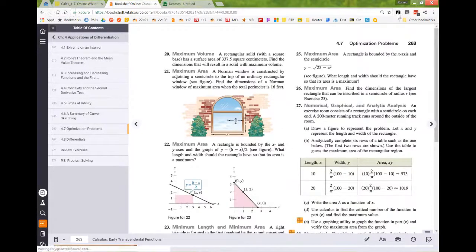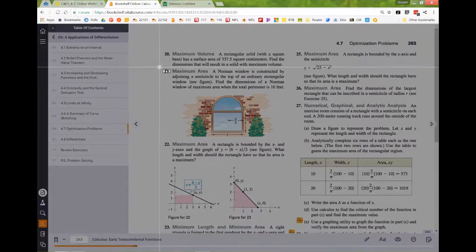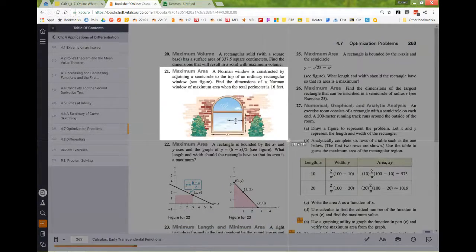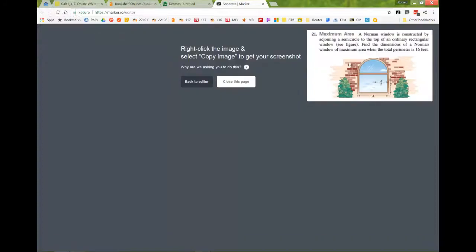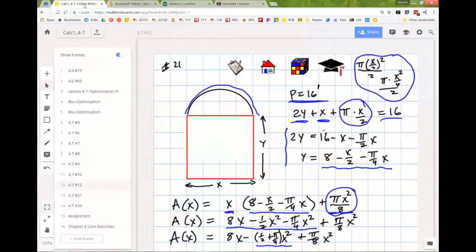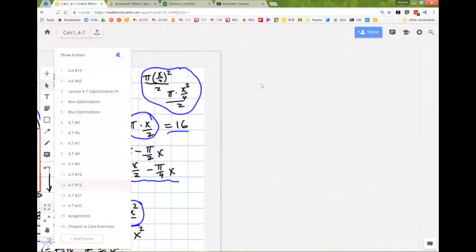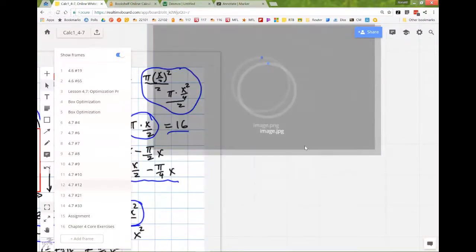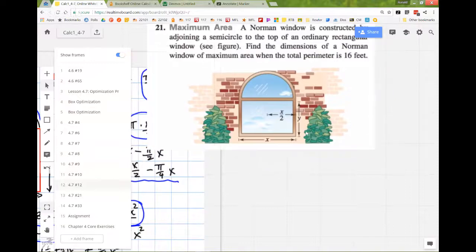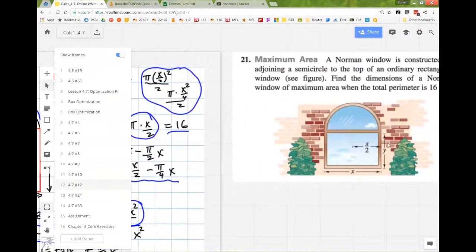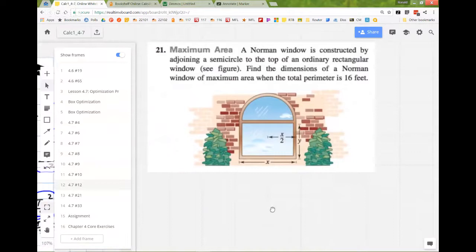I'm sorry I didn't have that ready. Okay, so there's the way the problem is in the book.